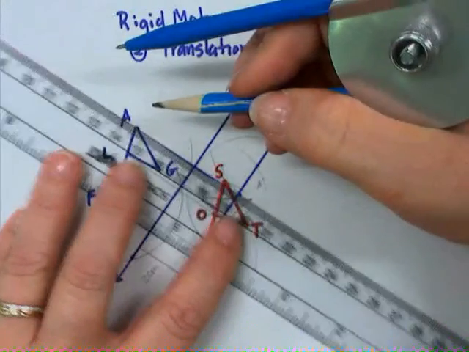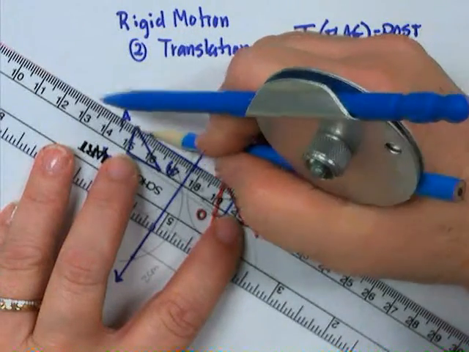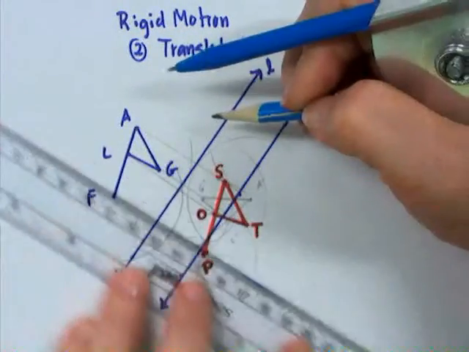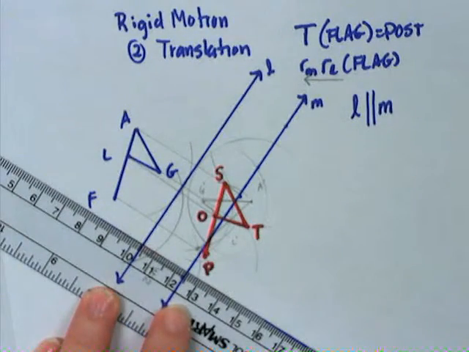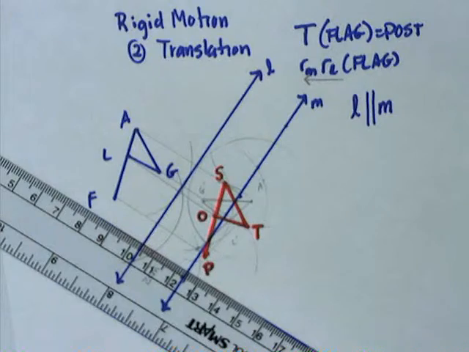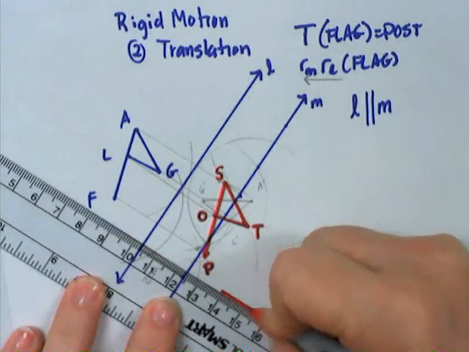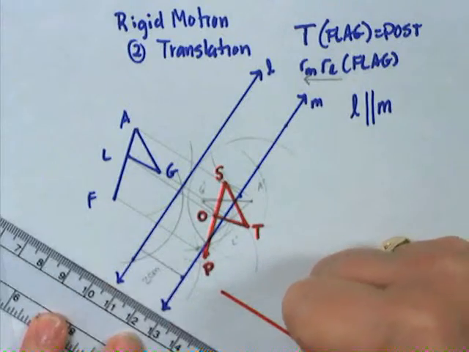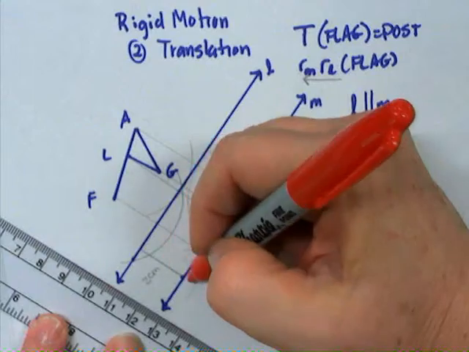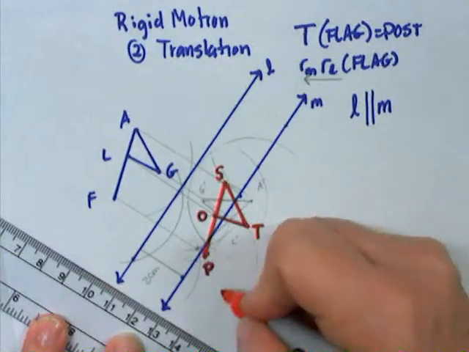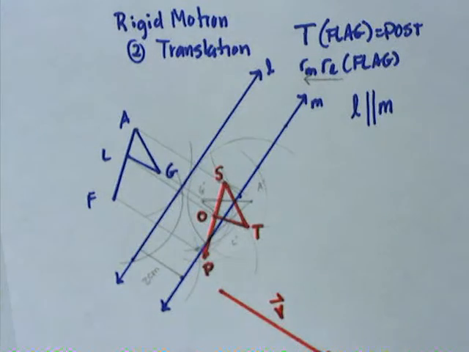In other words, the vector of my slide is 4 centimeters long, perpendicular to the parallel lines, in the direction of L towards M. This is my vector V of my translation.